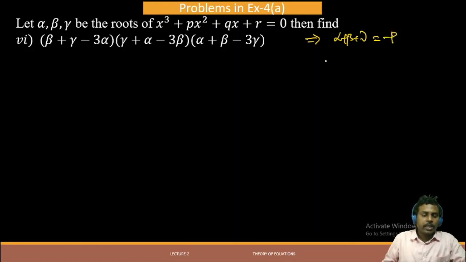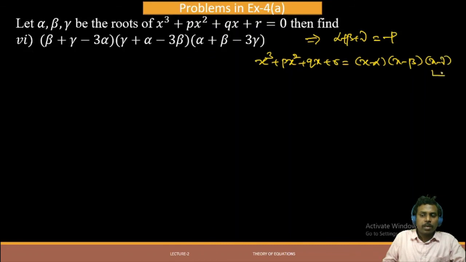And the next point that we require is, since alpha, beta, gamma are the roots, x cube plus px square plus qx plus r can be written as the product of the factors x minus alpha into x minus beta into x minus gamma. We call it as equation 2, let us say. Okay, now let us find out the solution for this.